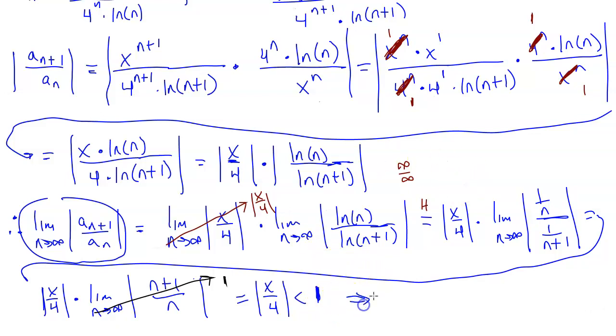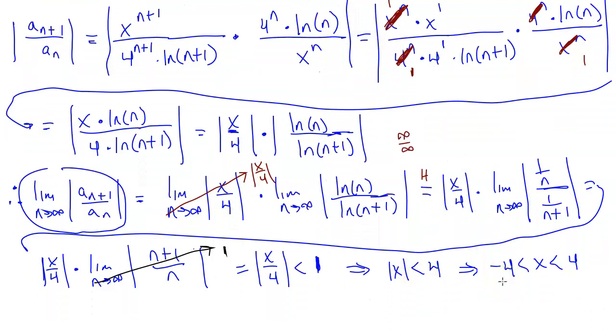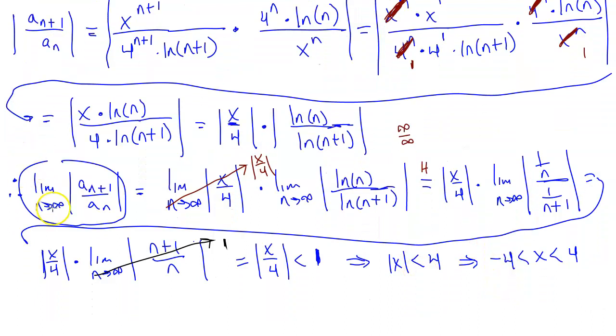And essentially what this means is that absolute value of x is going to be less than 4, which means that x is going to be in between -4 and 4. Okay. And so our interval of convergence prime, the initial one here, is just going to be from -4 to 4.